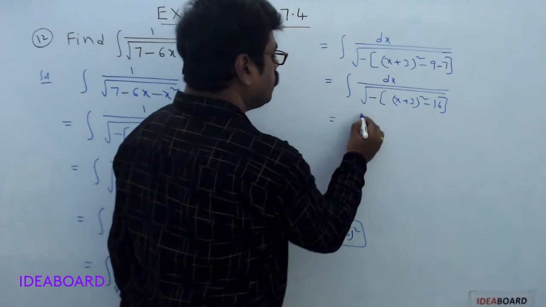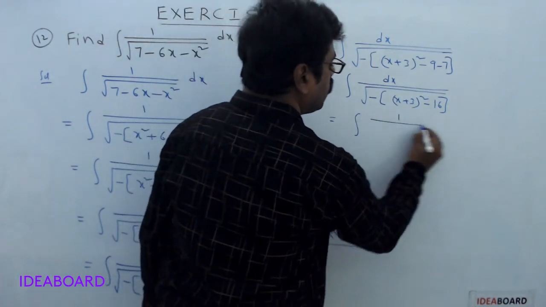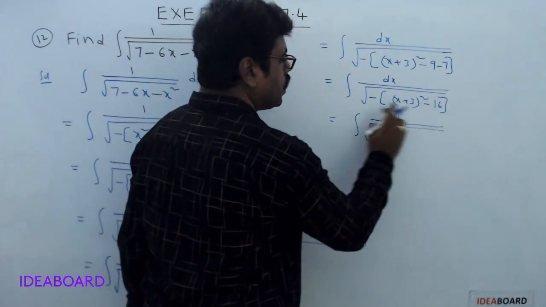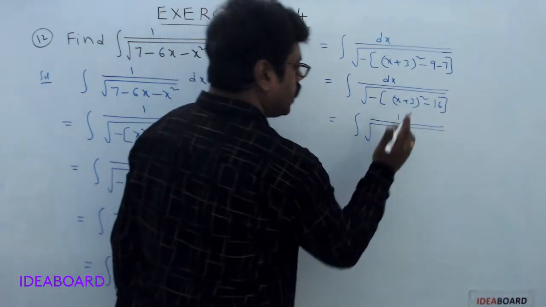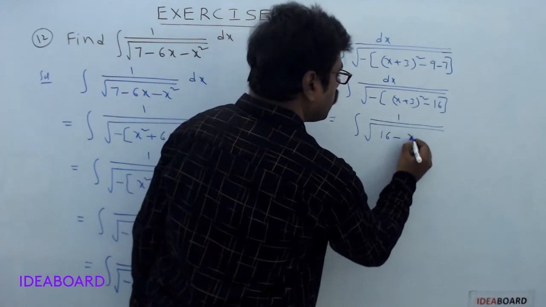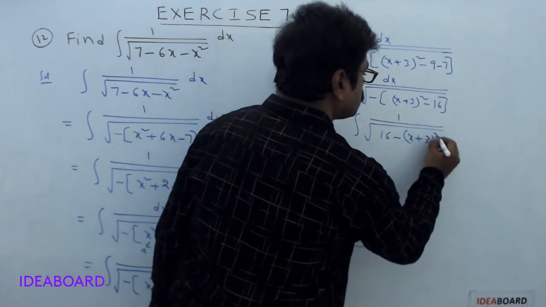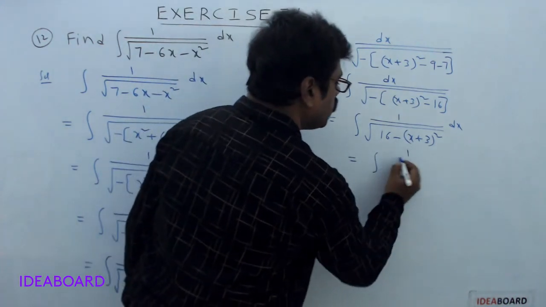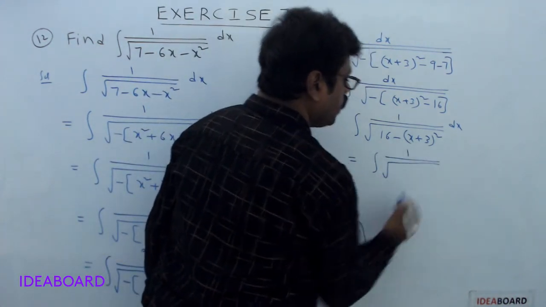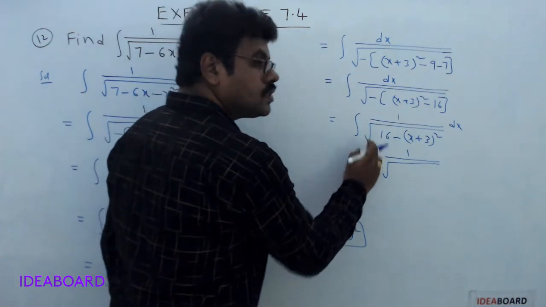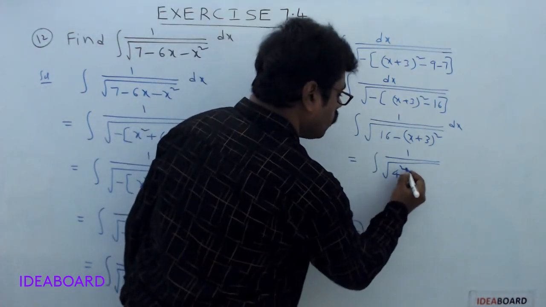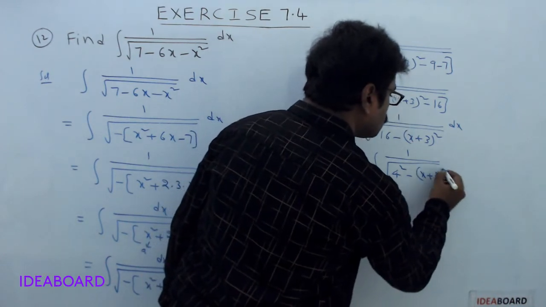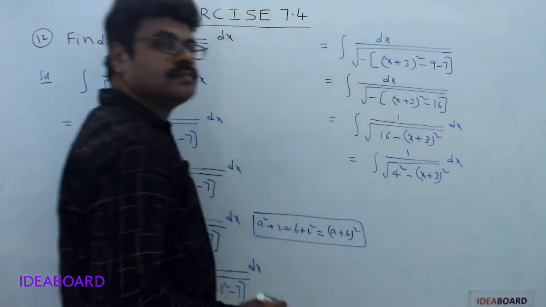Now this equals integral 1 divided by square root of, now multiply these two terms with this negative sign, then it will be 16 minus x plus 3 whole square dx. Now this equals integral 1 divided by square root of 16 can be expressed as 4 square minus x plus 3 whole square dx.